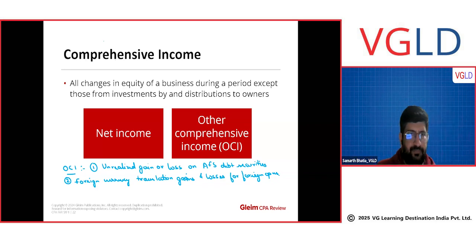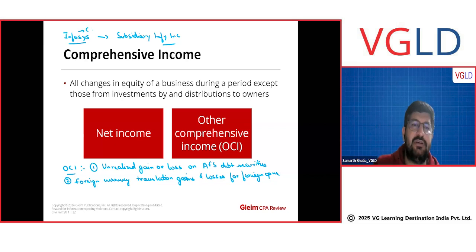Just like, I think everybody knows the company Infosys. Infosys has a subsidiary in the US named Infosys Incorporation. Whenever Infosys prepares consolidated financial statements, they have to report all the assets, liabilities, revenue, and expenses of Infosys Incorporation in rupee terms.